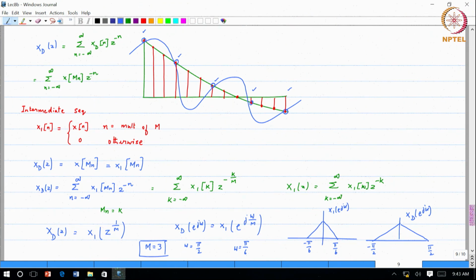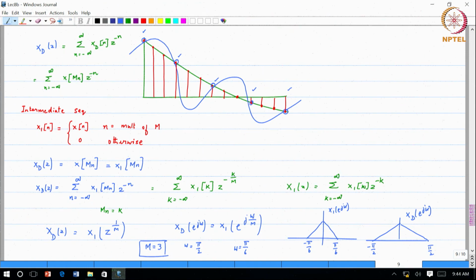This was shown only to tell you that in the range from 0 to π by 6 you will actually have a stretching of frequency. If I actually had to draw X1(e^j(ω/M)), I would have to draw from minus M times 2π to M times 2π. But the periodicity of Xd is still 2π. That is why I did not want you to get confused with the scale.